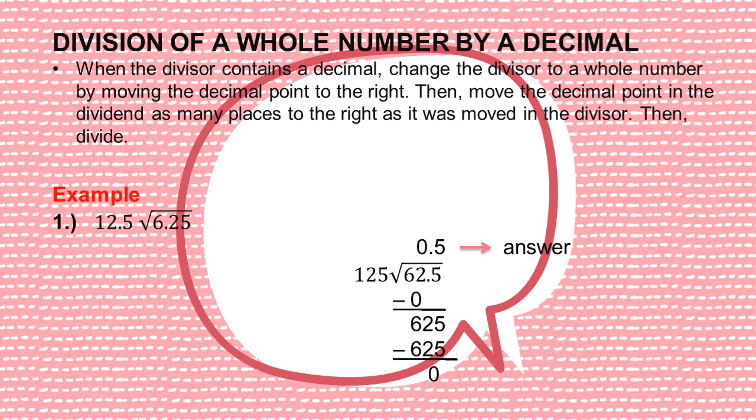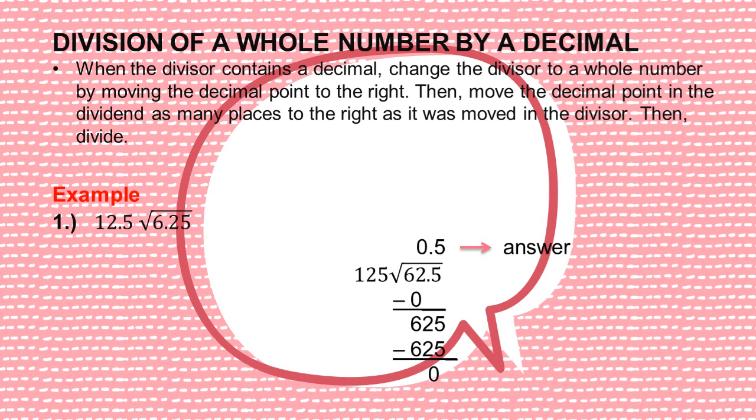So, therefore, ang final form ng division natin ngayon ay 125 divide 62.5. So, laging ang goal nyo, class, ay mawala ang decimal point ng divisor. Tulad ng ginawa natin sa 12.5 ay naging 125 na po siya. So, ngayon class, pwede na tayo mag-divide in a usual way.